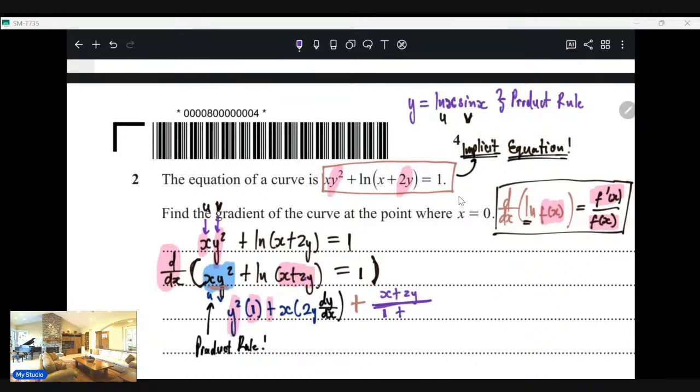Remember, the derivative of 2y is the same as the derivative of 2x, which would just be a 2. But after the 2, you must say dy dx, because you have differentiated something with a y. And it will be equal to 0.